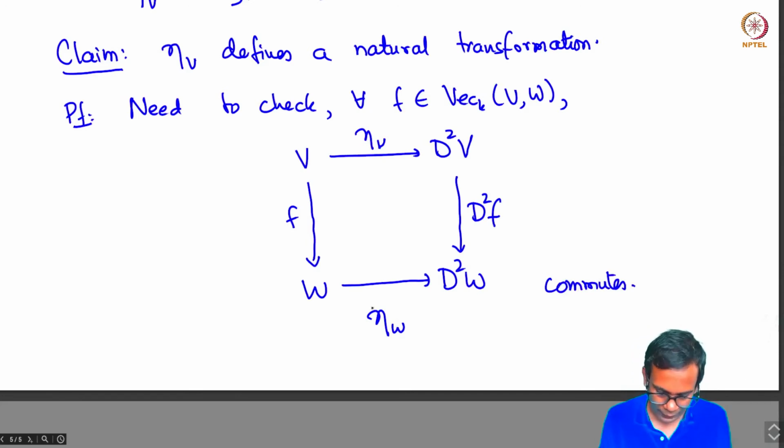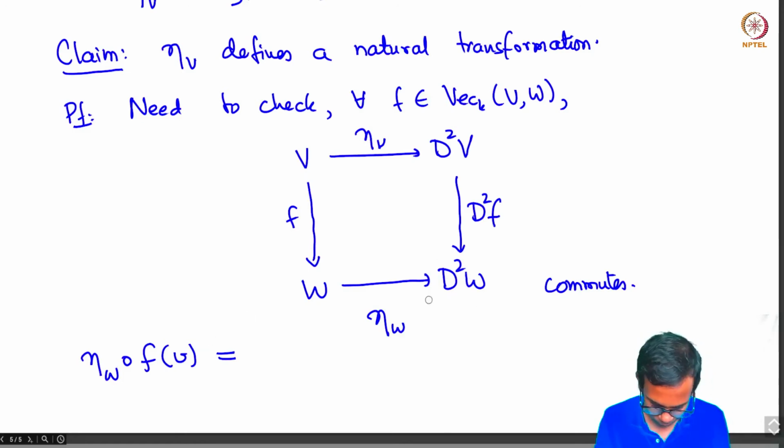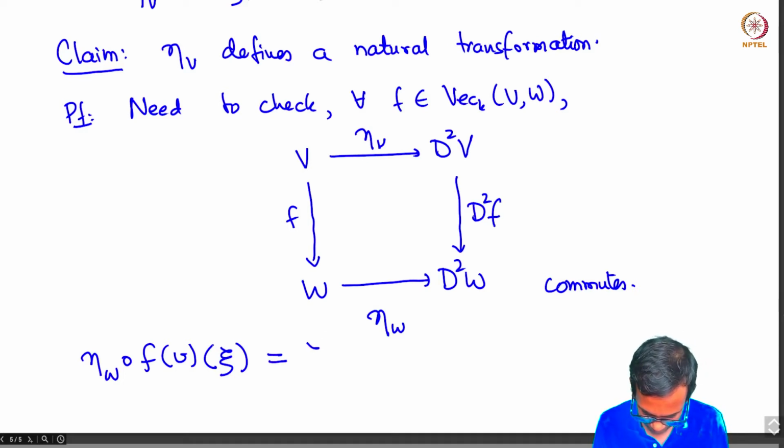So on the one hand we have eta W circle F, and this takes a vector V, so let's evaluate that. What do you get when you do that? You get a linear functional on dW. So we have to take an element of dW and return an element of the field K. By definition of eta W, this is going to be xi evaluated at Fv.